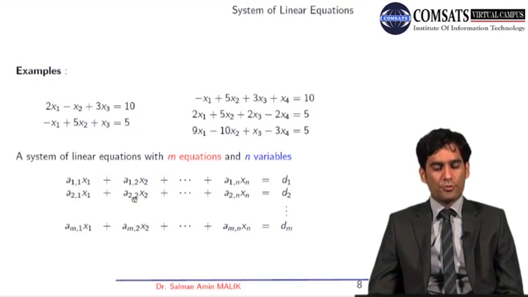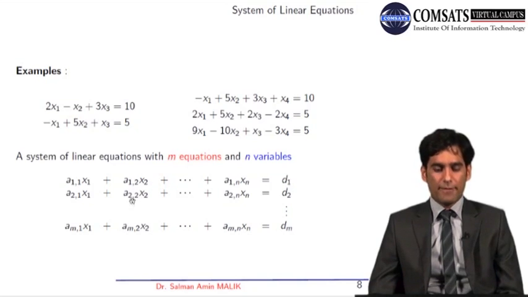For example, A22 means this is the coefficient of the variable x2 in the second equation. The first subscript of the coefficient is always the number of the equation, and the second subscript corresponds to the variable of which it is the coefficient.